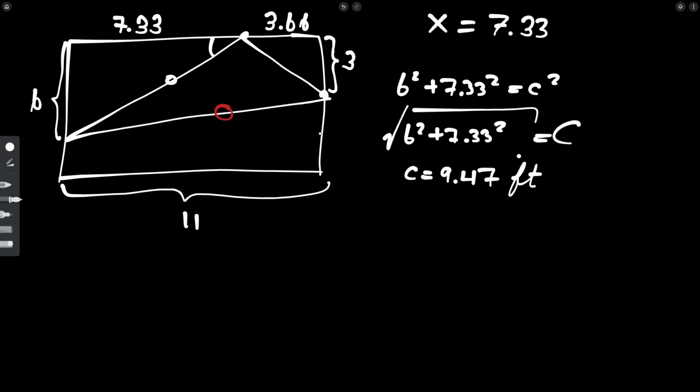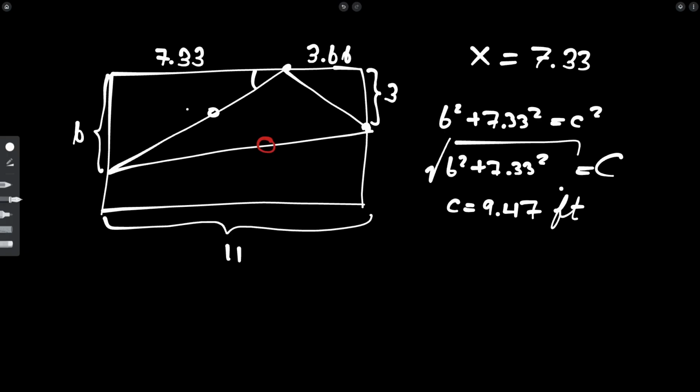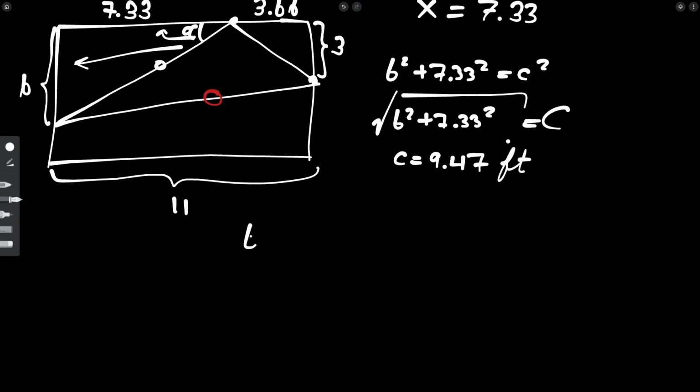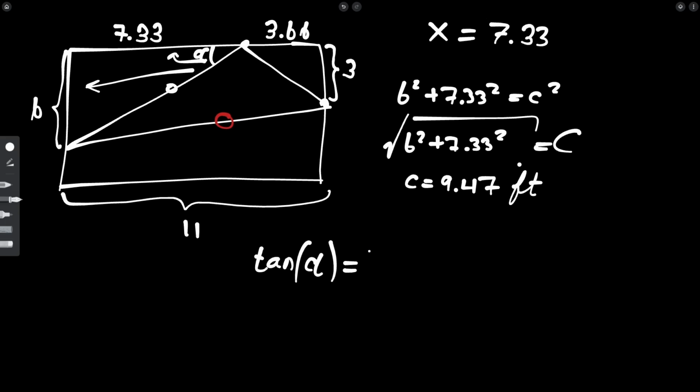Actually, no, I'll solve this angle first. For this angle, we can use a tangent where this is the opposite and this is the adjacent. I'll call this angle alpha. So we have the tangent of angle alpha equals opposite 6 over adjacent 7.33.